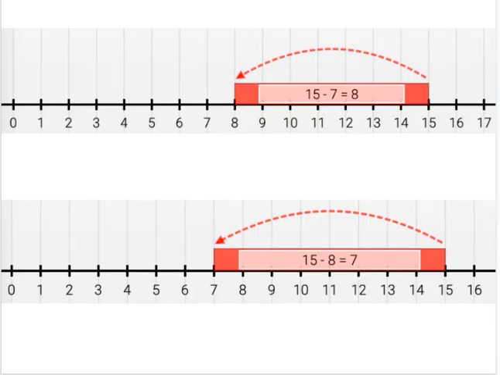Another way to represent the problem 15 minus 7 is to think you are on a number line and you start at the number 15 and then you move backwards, or to the left, 7 units and you end on the number 8. 15 minus 7 is 8.